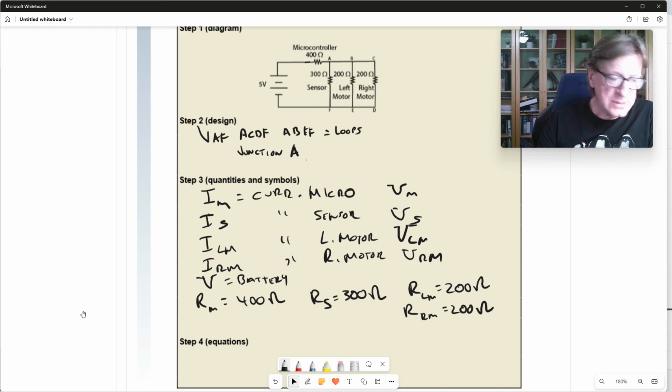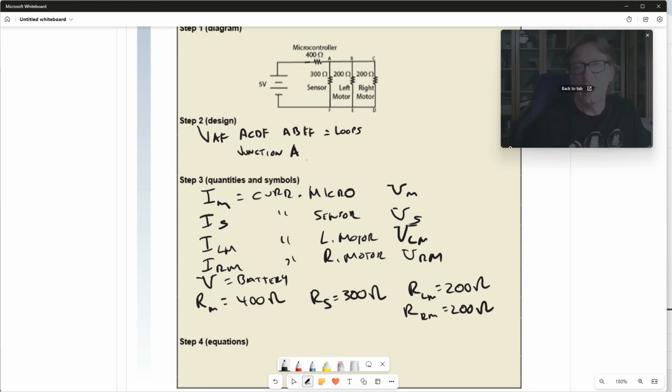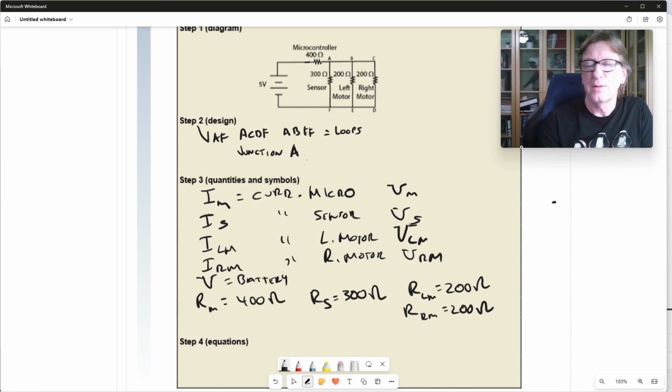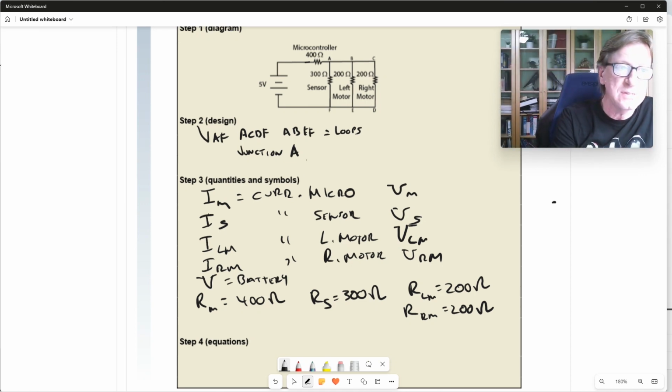All right, now when you're setting up your equations then, in our design, we've reminded ourselves of what loops we're going to use. So all we need to do is be very careful about our signs. So let's jot down our sign conventions here.